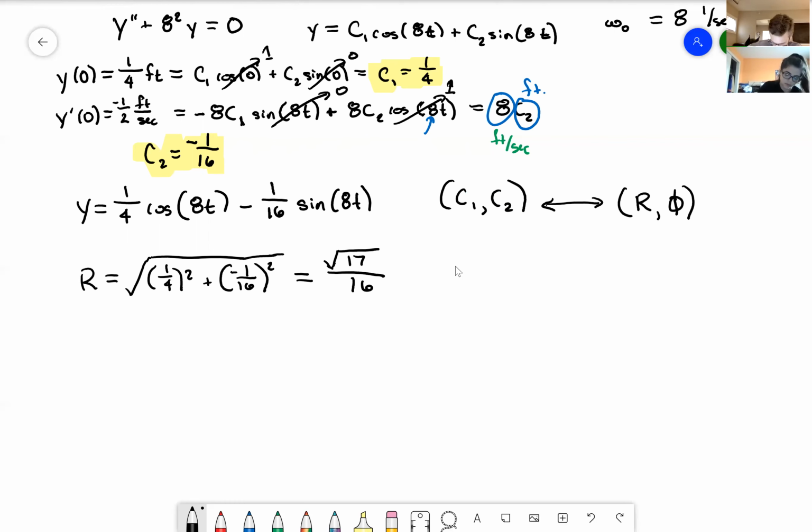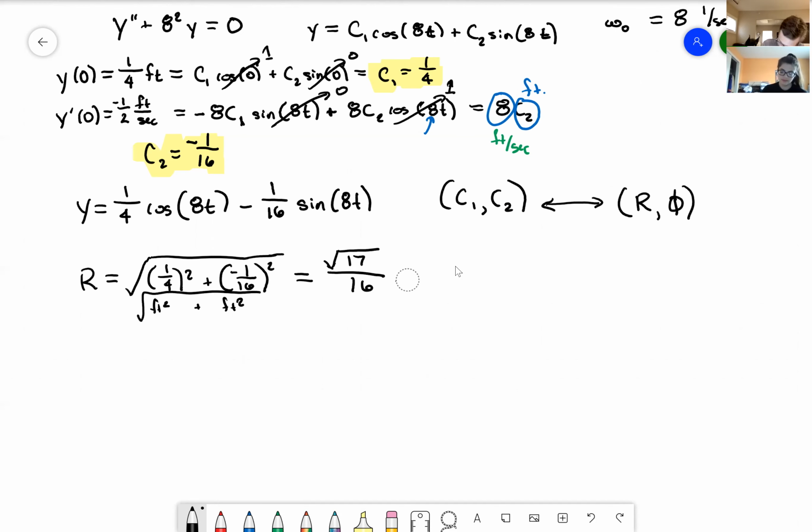Okay, so, well, I'll indulge my fascination with how the units always seem to work out. We're looking at C1 squared, so C1 is in feet, and so C1 squared will be feet squared. So we have feet squared plus feet squared. The square root of that is just feet.